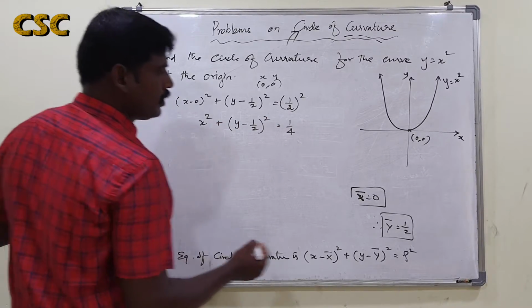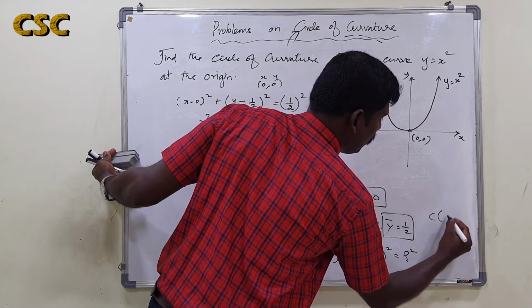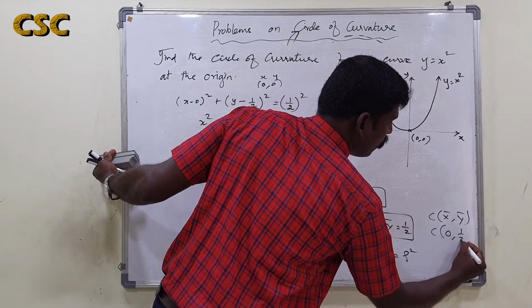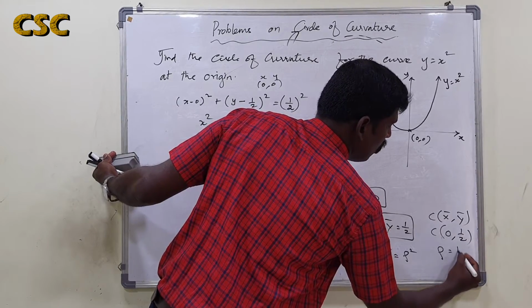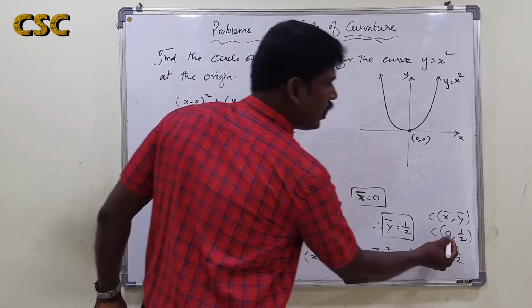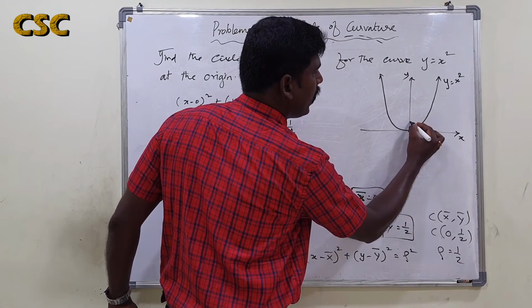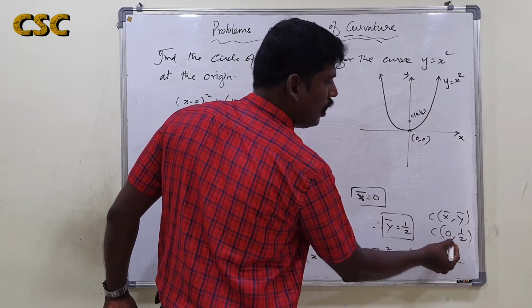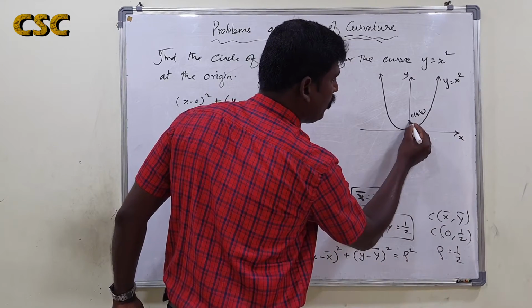So what is the center of curvature we obtained? x bar, y bar. The center is x bar 0, y bar 1 by 2, and the radius is 1 by 2. So draw a circle with center at 0, 1 by 2, taking the radius as 1 by 2.